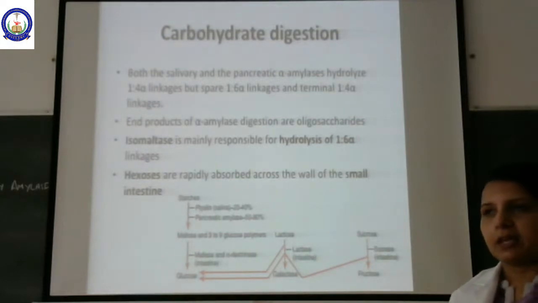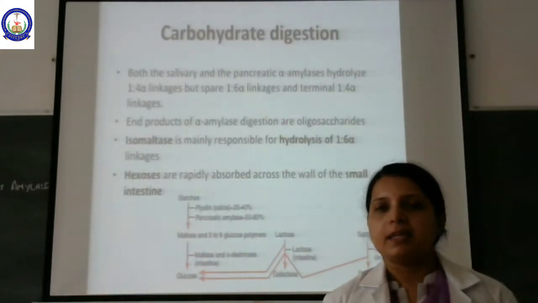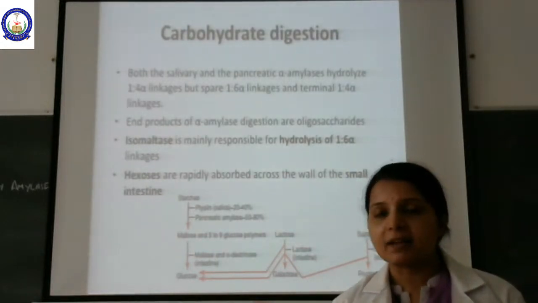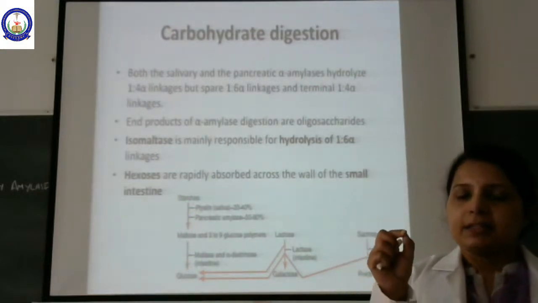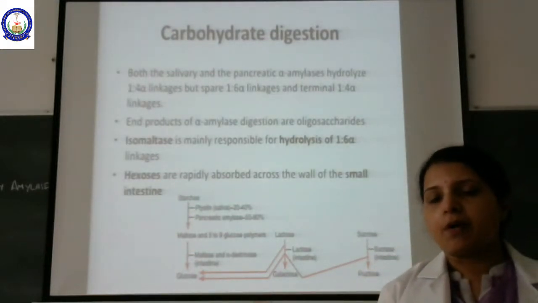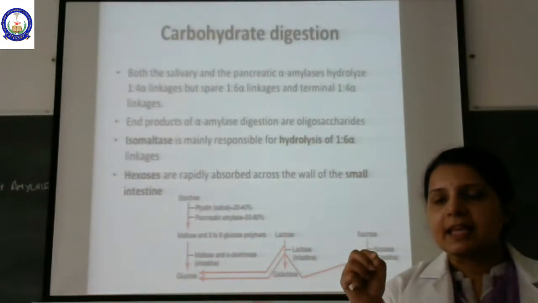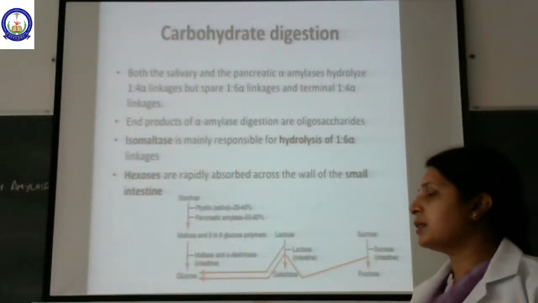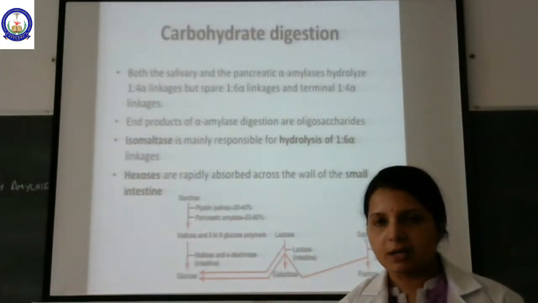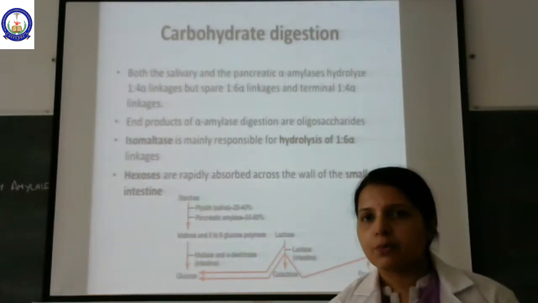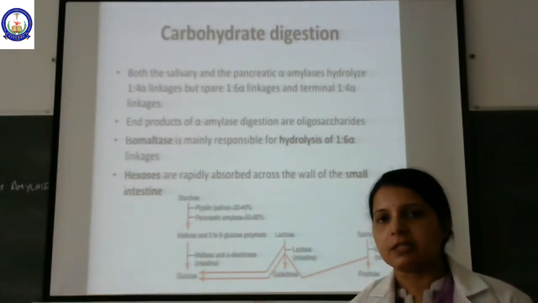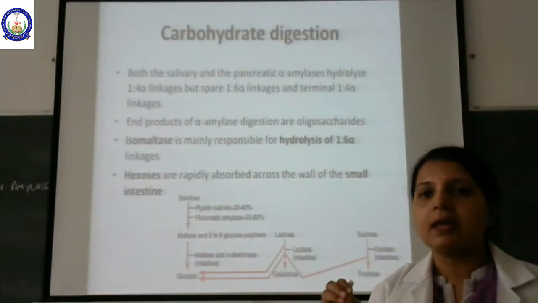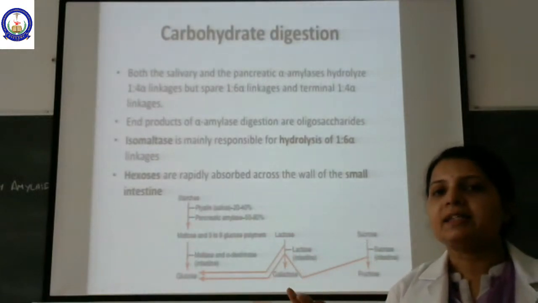Normally when we take carbohydrates in the diet, these carbohydrates are made up of polysaccharide units, and this polysaccharide in turn is made up of a large number of simple molecules called monosaccharides. Any carbohydrate we consume in the form of starch or glycogen should be broken down to monosaccharides first, and the simplest units of carbohydrate are glucose, fructose, and galactose.